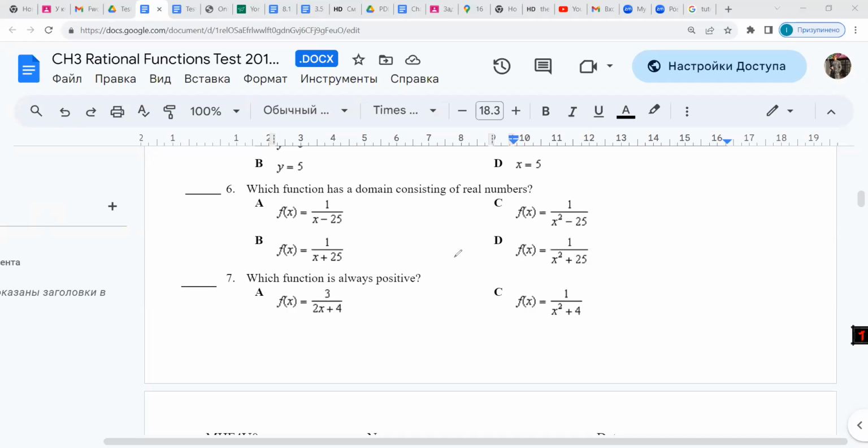Let's recall what real number means. Just so you remember, any whole number, integer, or fraction is considered a real number.